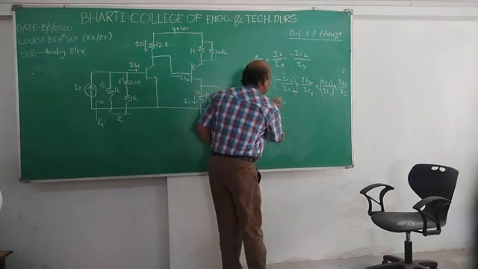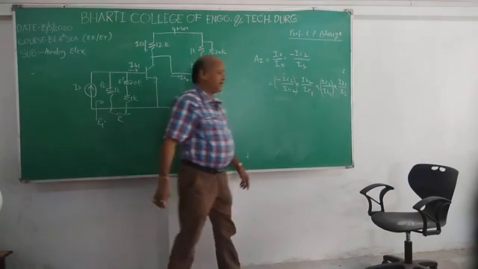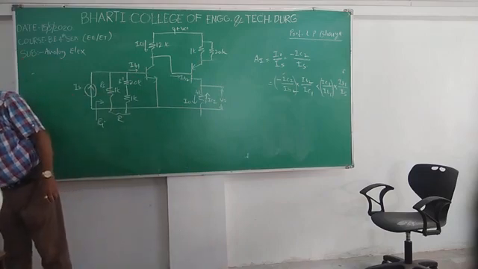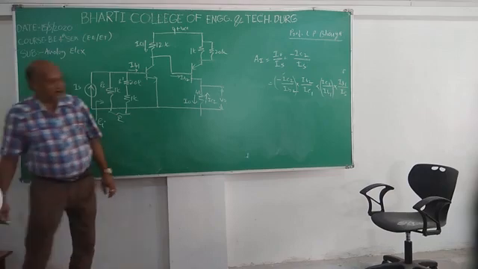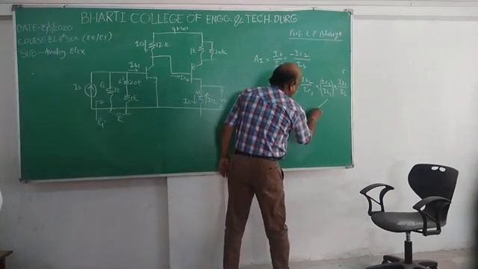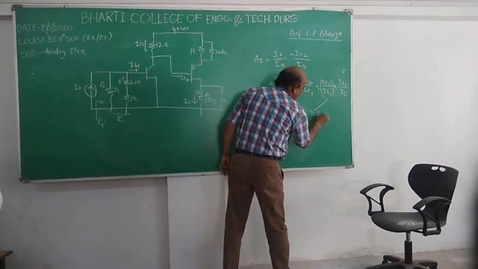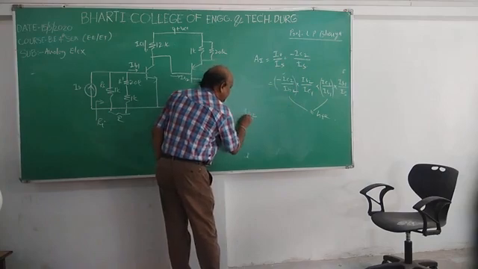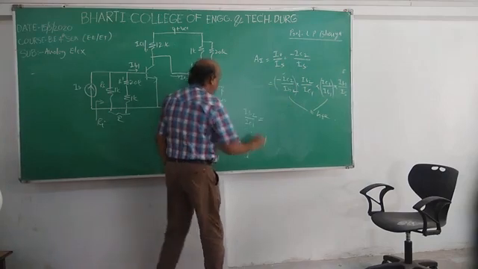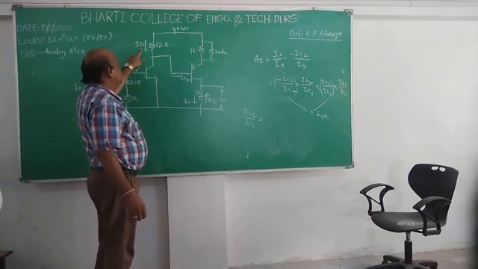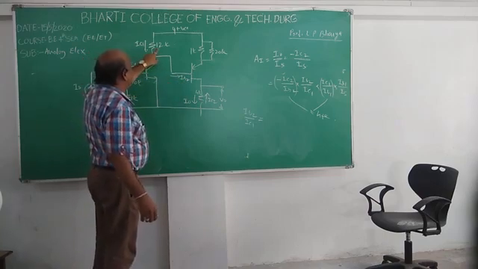You have to calculate here IB2 by IC1. So how will you get this IB2 by IC1? This parameter and this parameter will be equal to HFE of a transistor. Then IB2 by IC1, this is IB2 and this is IC1. So IB2 by IC1 is the voltage divider.